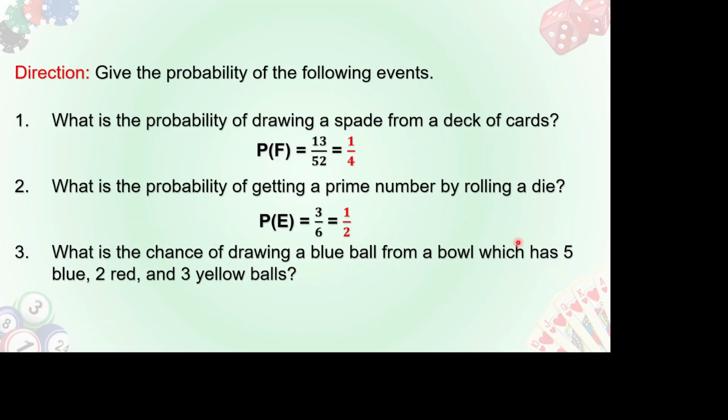Unlike in dice where we have six outcomes for each die, or coins which have two outcomes for each coin. These balls only have one color each, so you don't need to multiply them. They just count as one for each ball. So we have 5 over 10 because there are 10 balls, equals 1 half when simplified.